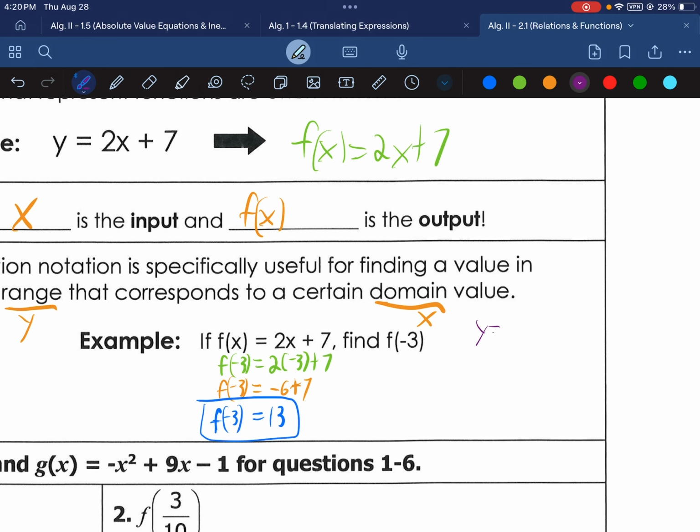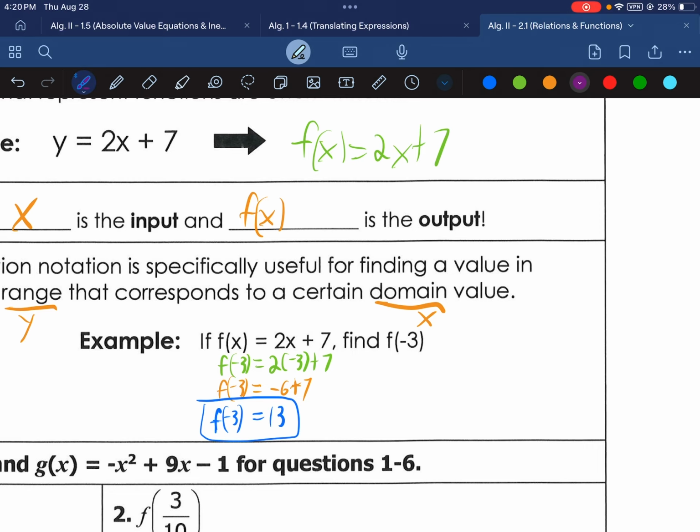Whereas if you were to just have called this y equals 2x plus 7, we would not necessarily know instantly by the end of this. You would have y equals 13 if you plugged in negative 3 for x. You wouldn't know by looking at this line what you plugged in. Where here, you know exactly what was plugged in. And we also don't know that it's a function as we talked about earlier.